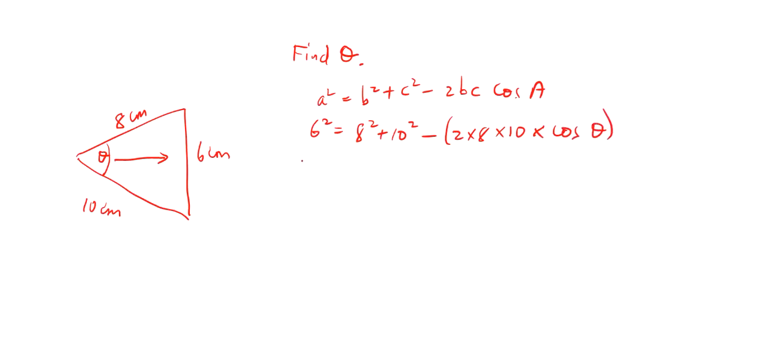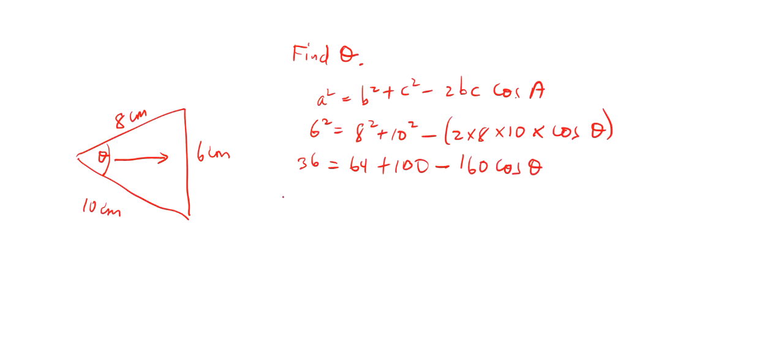Right, so 6 6s are 36, 8 8s are 64, 10 10s are 100, minus, so this is 2 by 8 by 10, 8 twos are 16, by 10 is 160, so this is minus 160 cos theta.